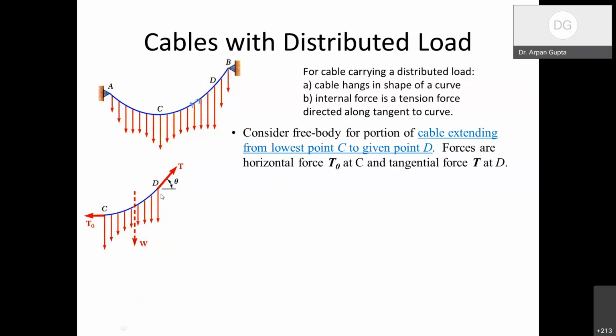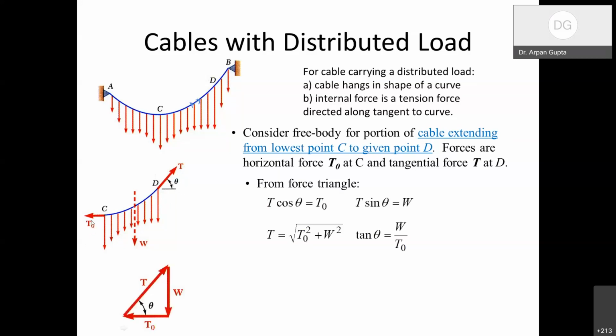Now this system is in equilibrium, and therefore directly you can say that T cos theta should be equal to T naught and T sin theta should be equal to W. Or you can draw a triangle, and arrange these three forces, T naught, T and W, so that the resultant of these three forces is 0. And this T acts at an angle theta.